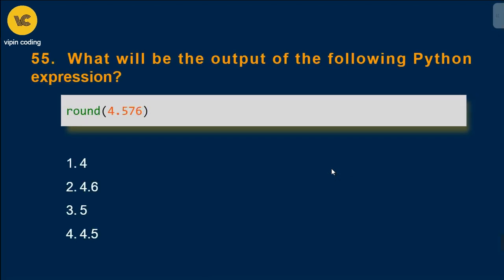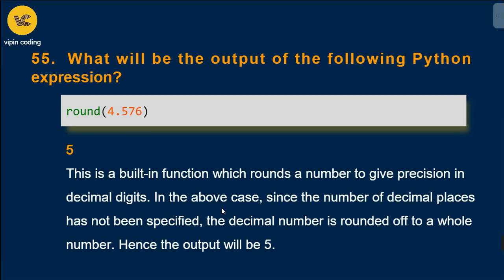Next question is, what will be the output of the following Python expression? round(4.576). Then what will be the output? Our options are 4, 4.6, 5 and 4.5. Let's see the answer. Our answer is 5.